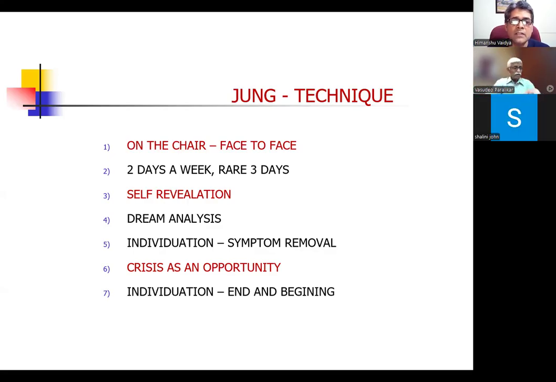In this technique, there is a lot of self-revelation done by the therapist, not as much as an existential psychotherapist would do, but far more than a classical psychoanalytic therapist would do. So the idea of the blank screen is not as valued in the Jungian framework as much as it is in the Freudian Kleinian framework.